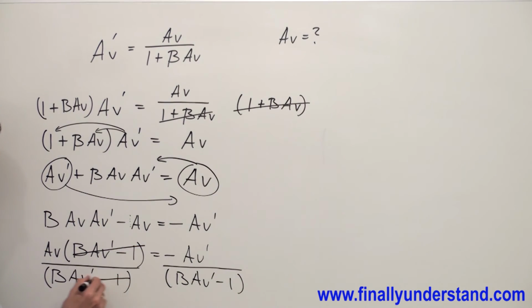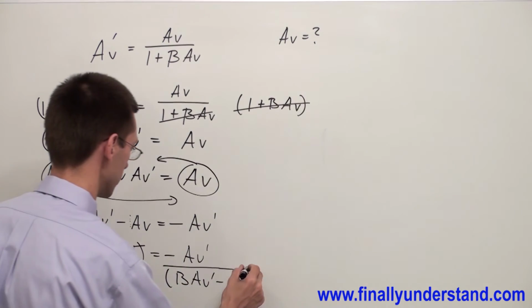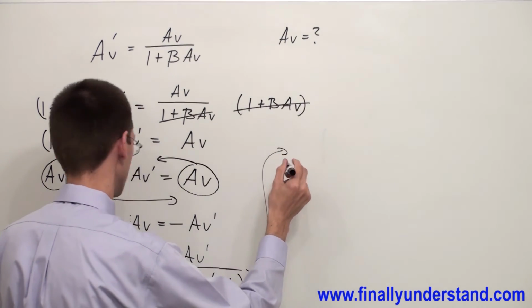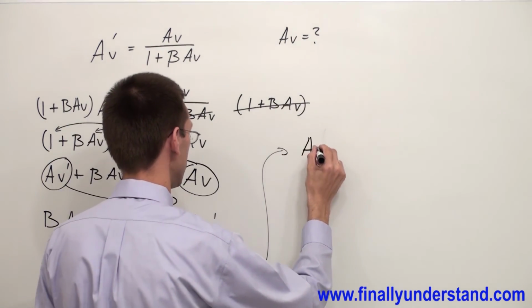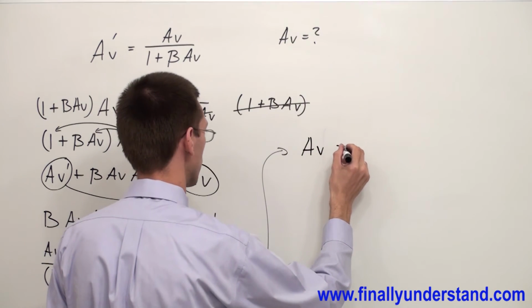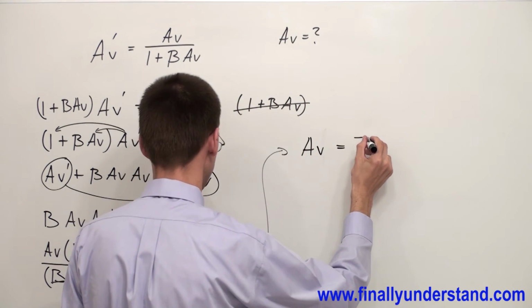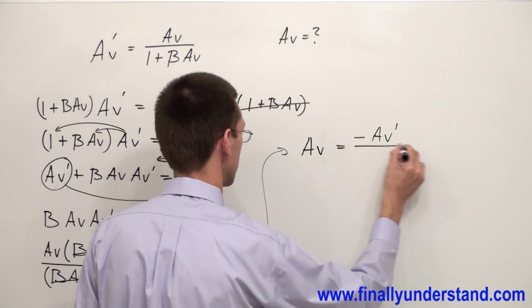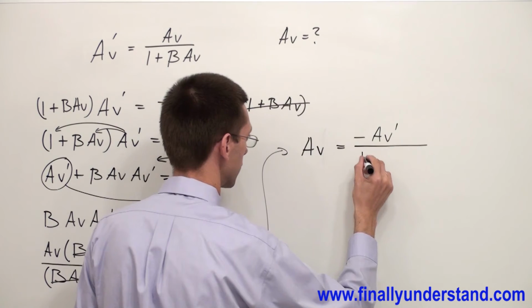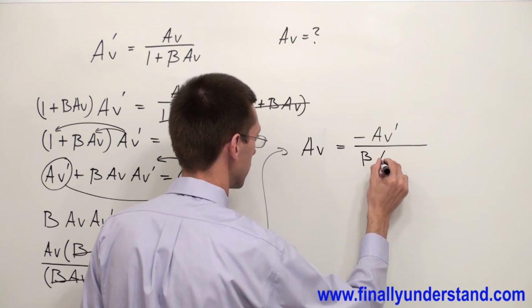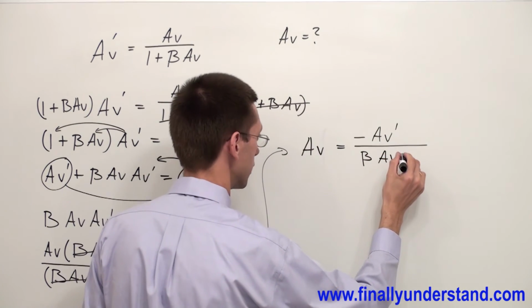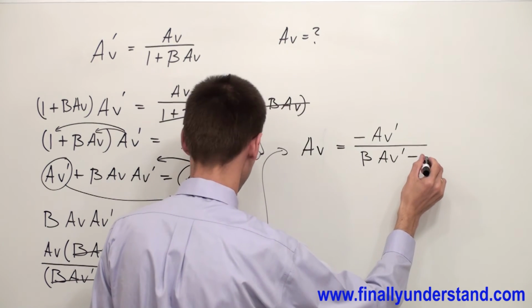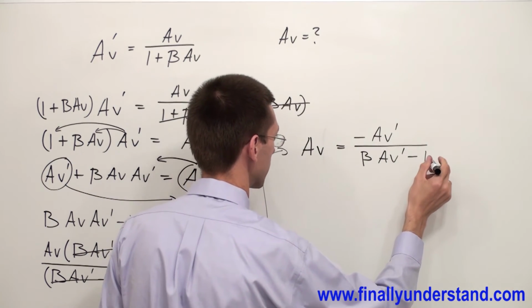Parentheses and parentheses will cancel out. So I'm going to have an equation looking like this: AV equals negative AV prime over beta AV prime minus 1.